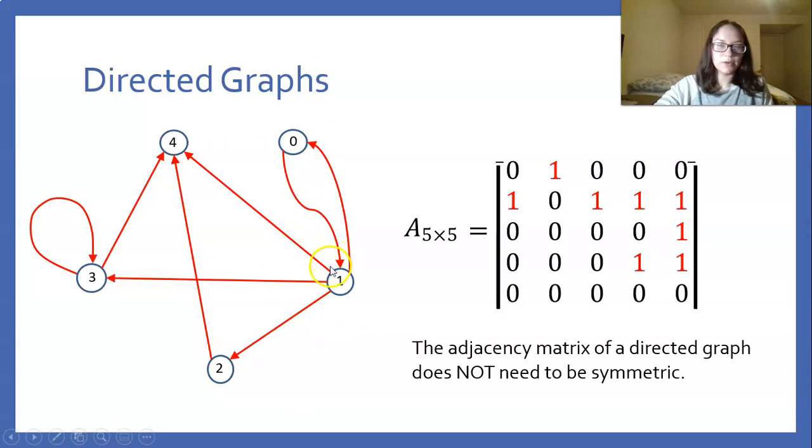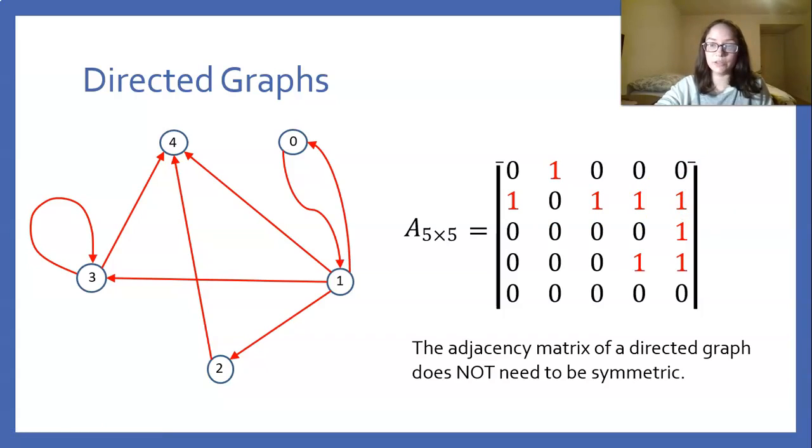I'll just show this from the example that we have on the screen. Let's say we're looking at edge 1 to 4. We have an arrow from node 1 to node 4. We can see this in the adjacency matrix: we go down to row 1, and then all the way across to column 4, and we have a 1 there because we have an edge from node 1 to node 4.